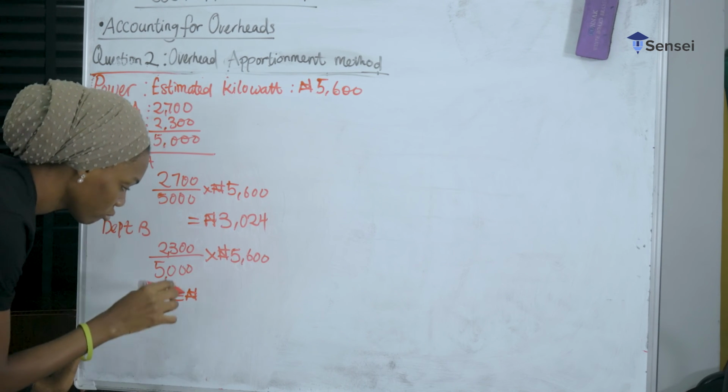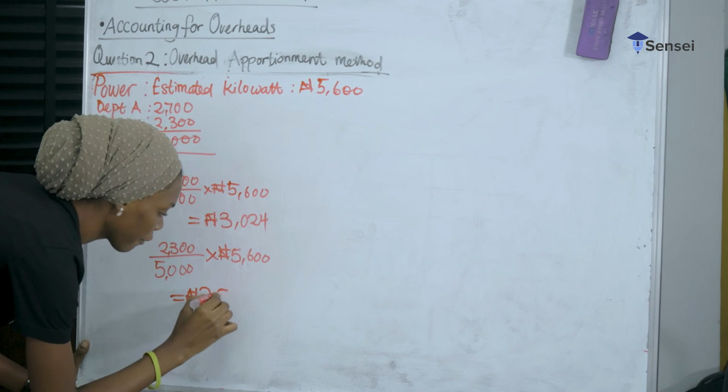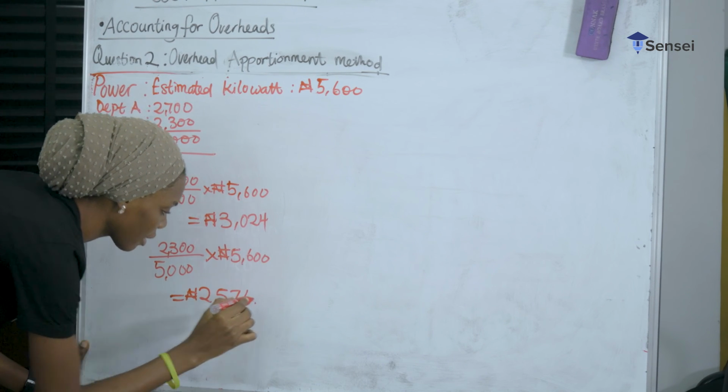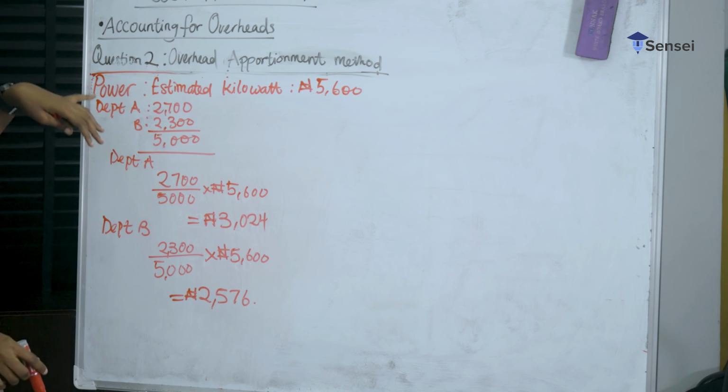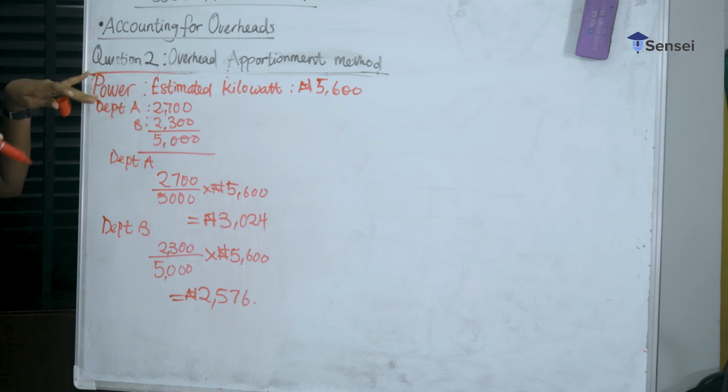So you get a total of 2,576 naira, which will be apportioned to Department B as the cost for power. So 3,024 naira for Department A as the overhead cost for power, and 2,576 naira for Department B as the cost for power also.